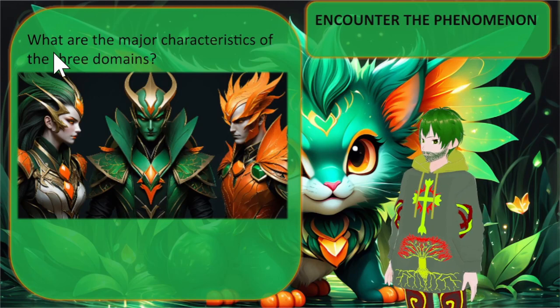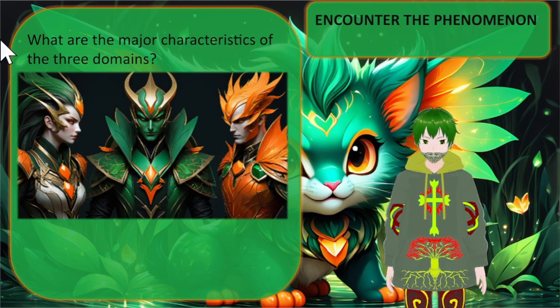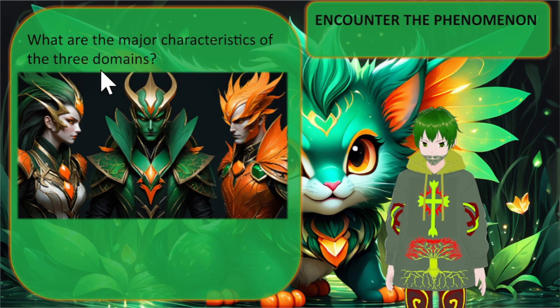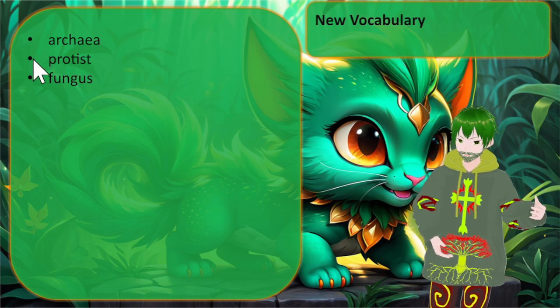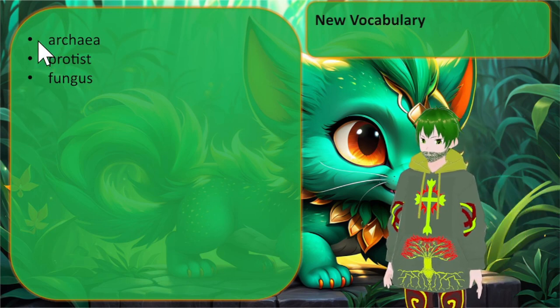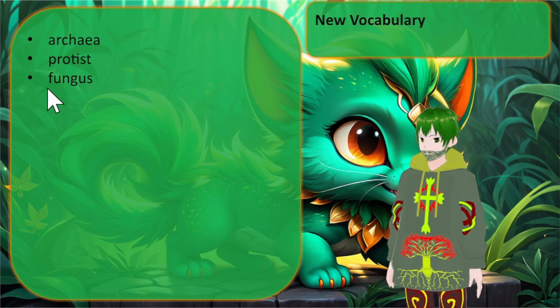Our guiding question for today is, what are the major characteristics of the three domains? It's a good question, I like it, so let's get into it. And we have our new vocabulary, which are actually our three domains: archaea, protists, or protistus, protist, and fungus.